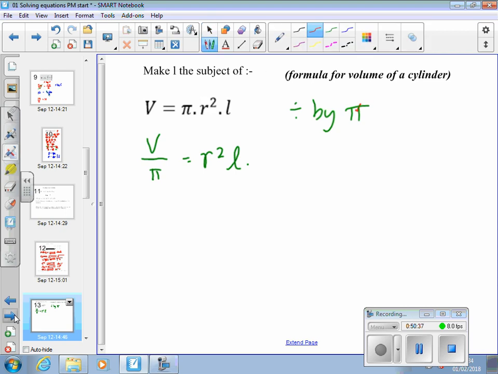So the next operation is, how do we get rid of the r squared? Divide by r squared. That leaves us with V over pi r squared is equal to L. And then just more formally, you can normally put the quantity you're looking for on the left hand side.